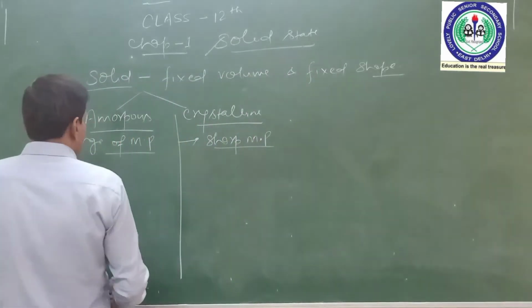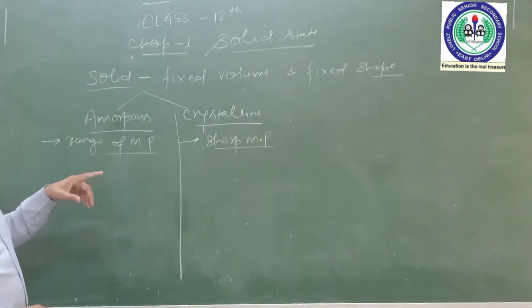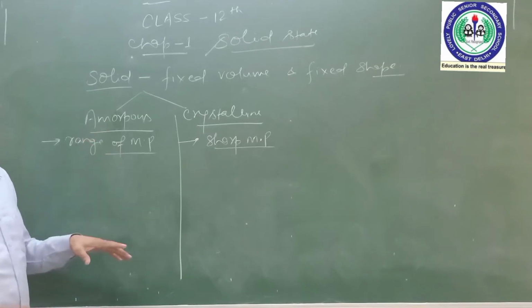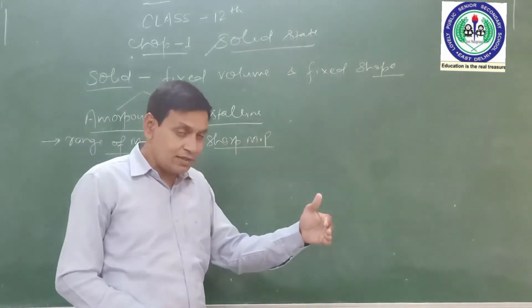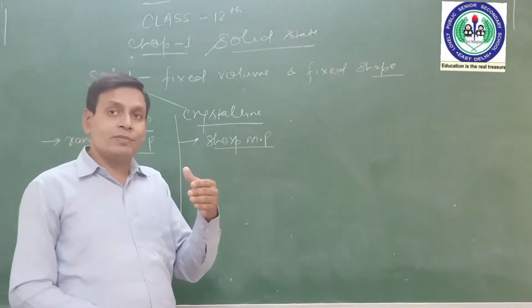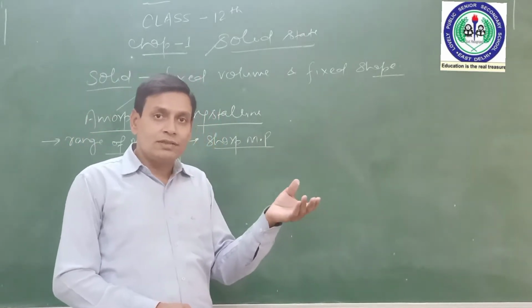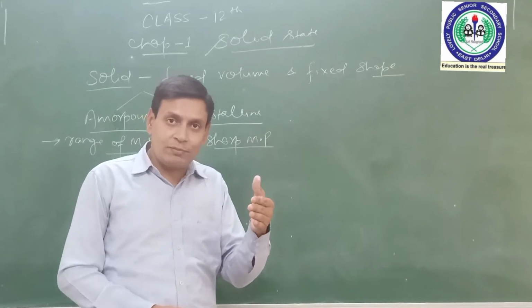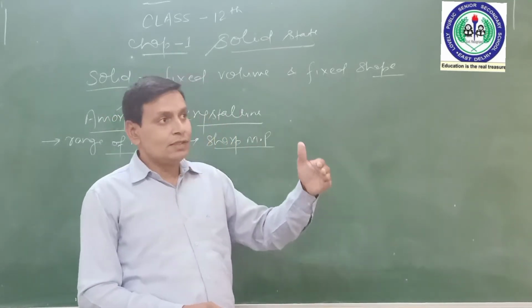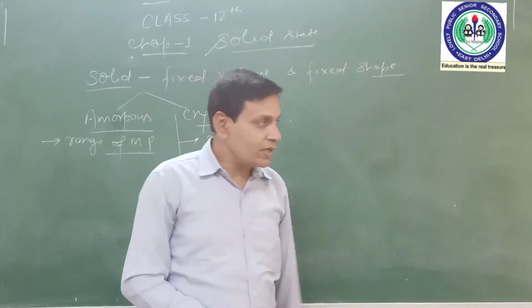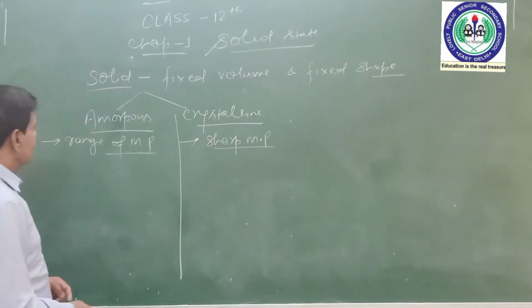But if you take the example of an amorphous solid, like plastic, or another example, butter, when you put it in the frying pan, what will happen? It starts melting, and up to the maximum temperature it keeps melting, right?